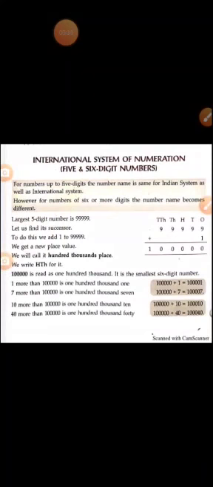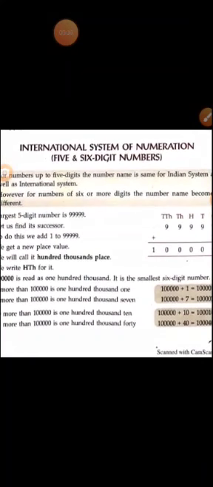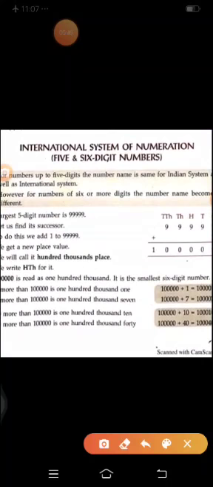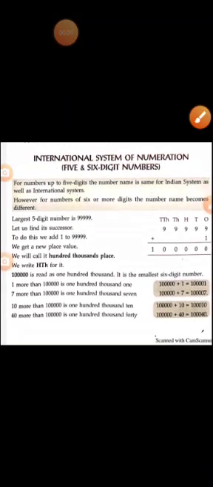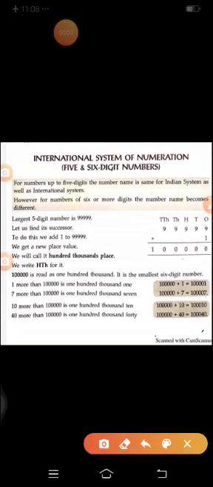Okay, our next topic is the international system of numeration. For numbers up to 5 digits, the number names are the same as in the Indian system. Earlier we studied the Indian system. Now here is the international system. It is a little bit different from the Indian system. So here we will find the 6 digit number according to the international system.